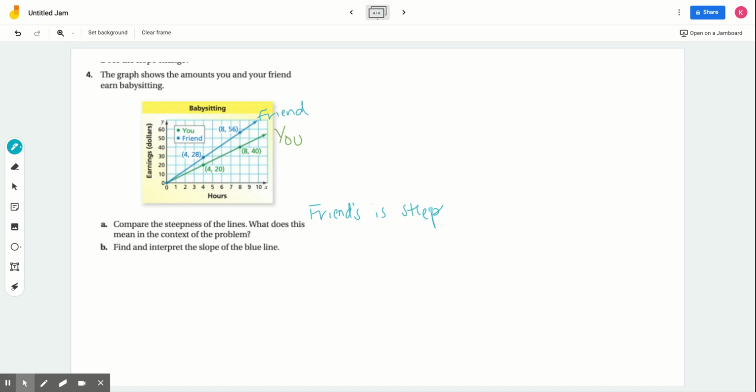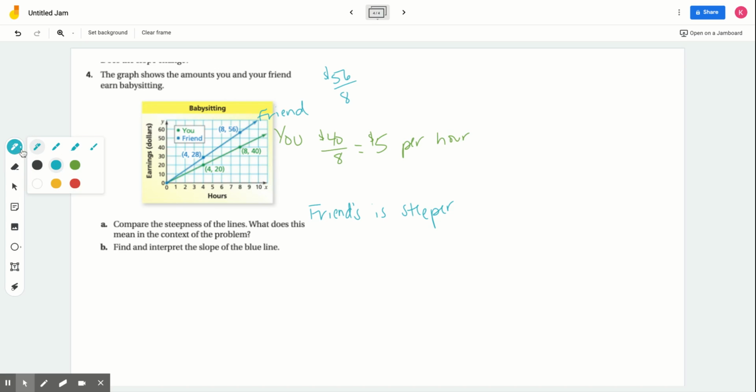And what does this mean? If we look here, we're talking about how much money they earn per hour babysitting. So the friend earns $56 in 8 hours. You earn $40 in 8 hours. What does this mean? Well, we know that $40 in 8 hours is a rate of $5 per hour.